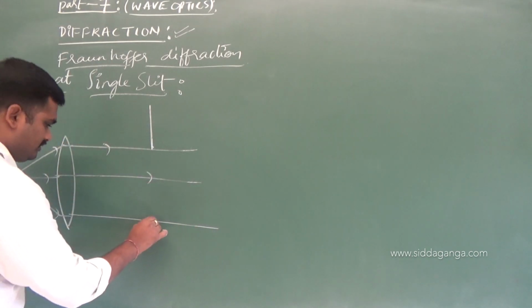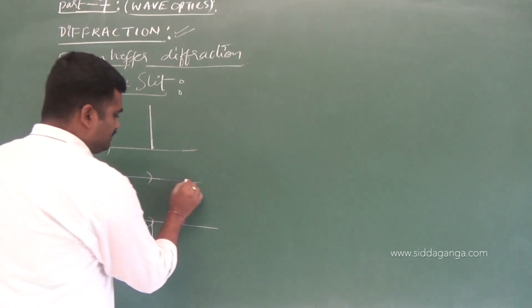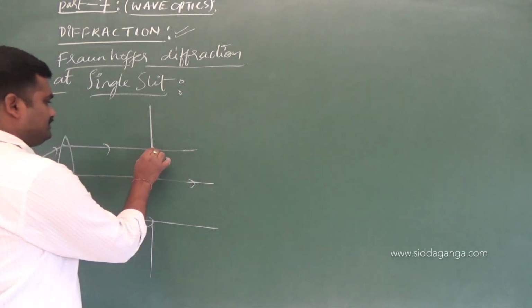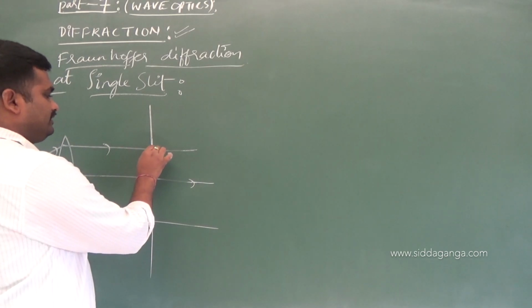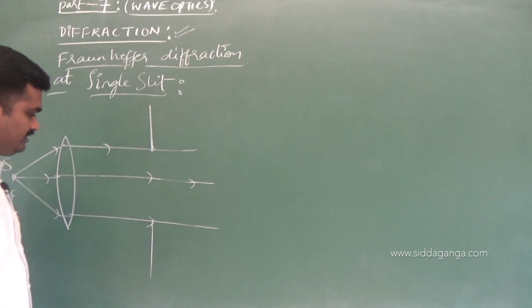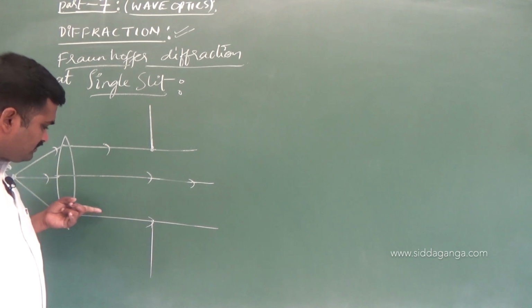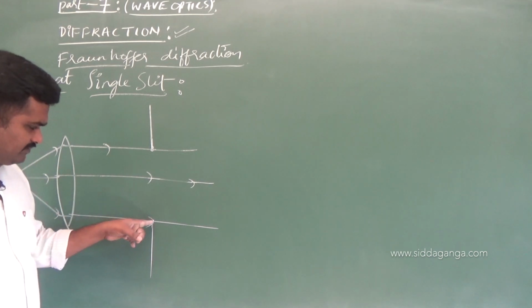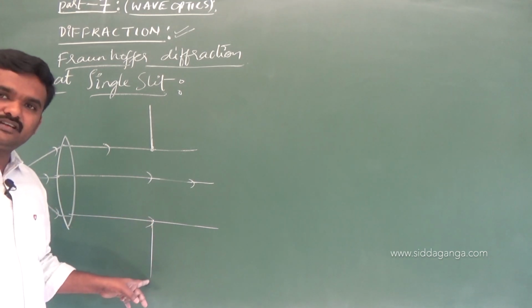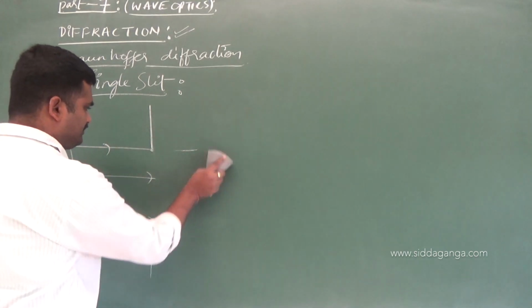Now if you observe the light ray coming from this point, it just comes away like this. At this point, a light ray coming from this particular point gets obstructed, its path is obstructed, by this sharp edge, just like a knife edge, and even at this other end.